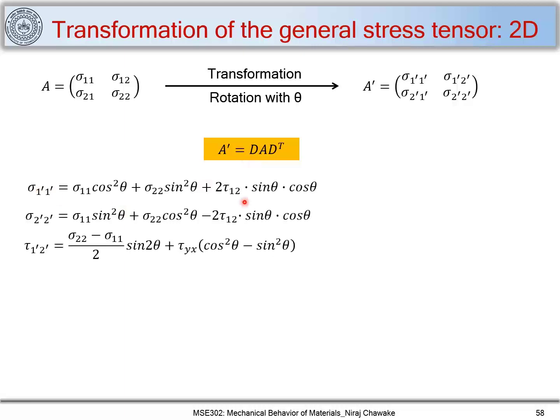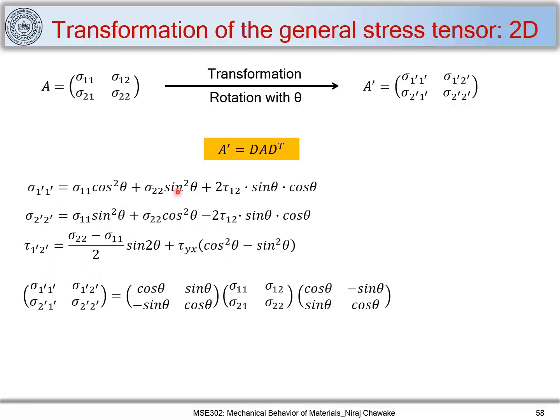Let me write down these equations again, so that you can see that A dash has the terms sigma 1 dash 1 dash, sigma 1 dash 2 dash, and sigma 2 dash 2 dash.